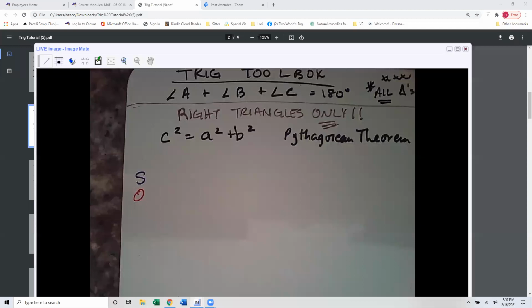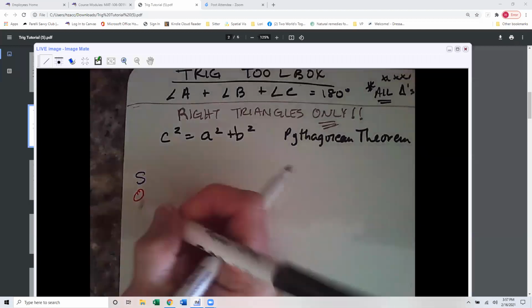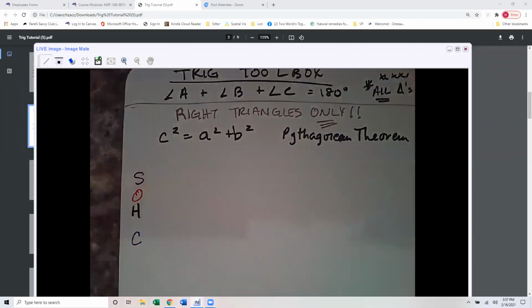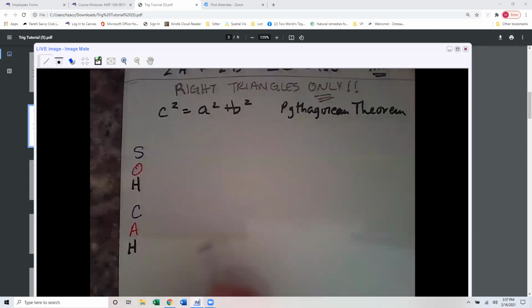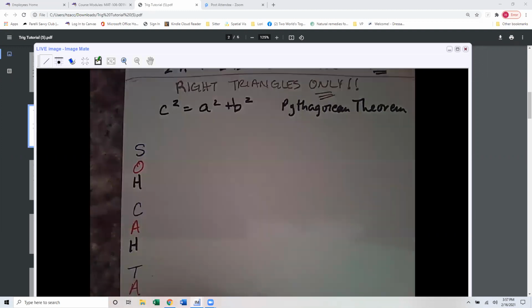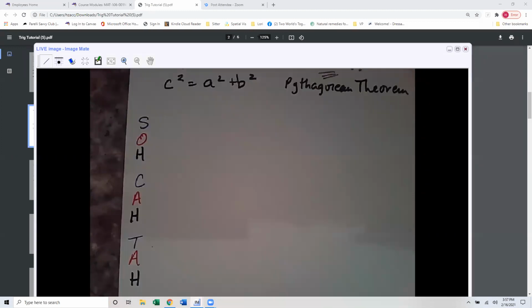And then we have CAH, so CAH is C, A, H, and TOA is T, O, A. What the heck does that mean? If you've never heard of it before, that might sound a little weird, but this is basically shorthand so that we can remember what the trig functions represent.